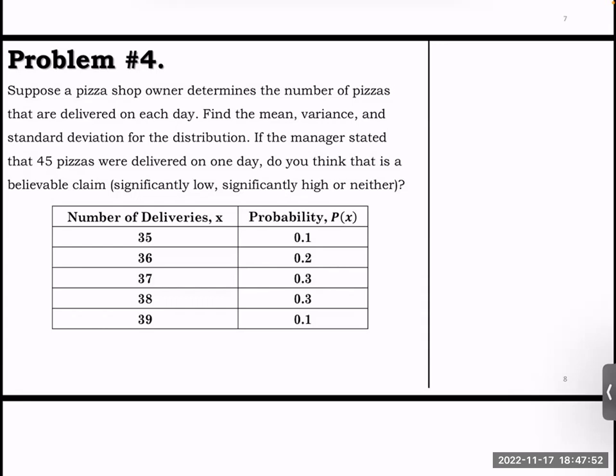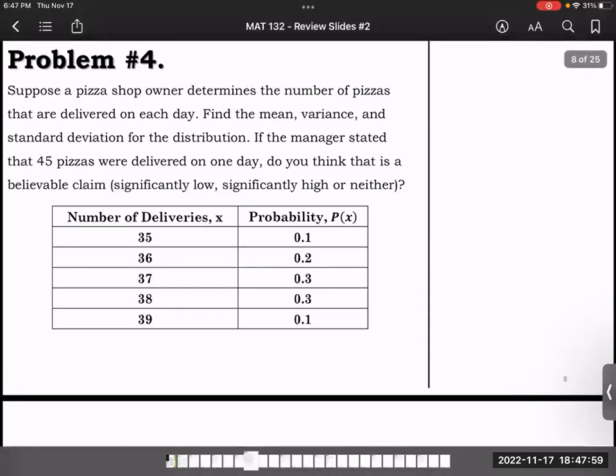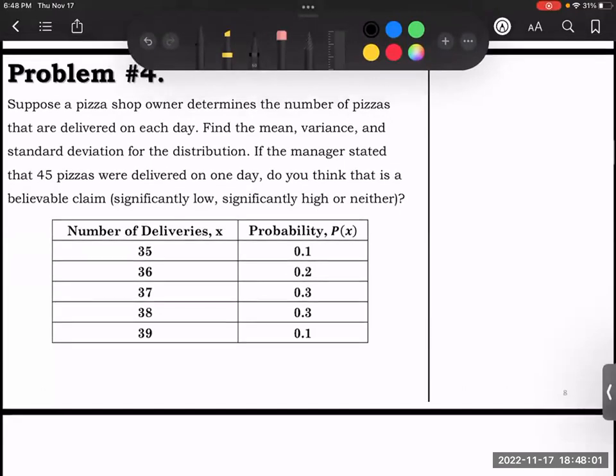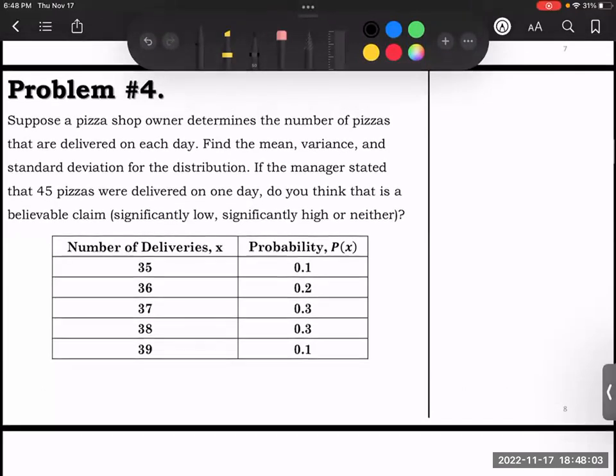Okay, so here we're dealing with a probability distribution. When you're dealing with a probability distribution, there are 3 formulas that you need to know. You need to know how to compute the mean, the variance, and the standard deviation. So for the mean, I'm going to write out the formulas here on the side. Your mean for a probability distribution, we say mu, because we're dealing with a population mean.